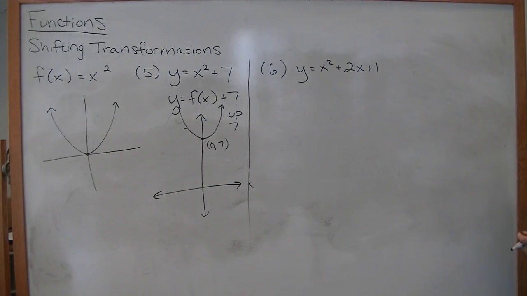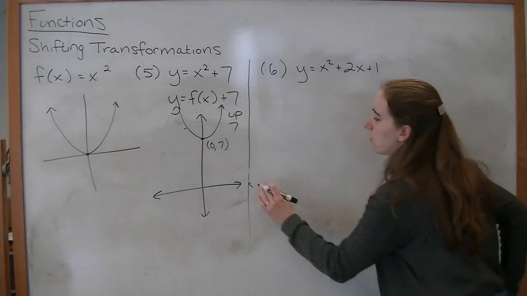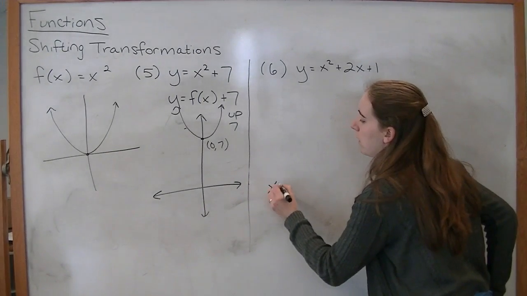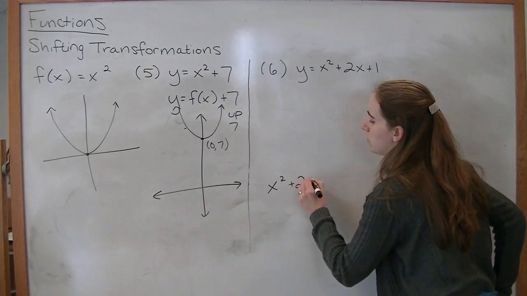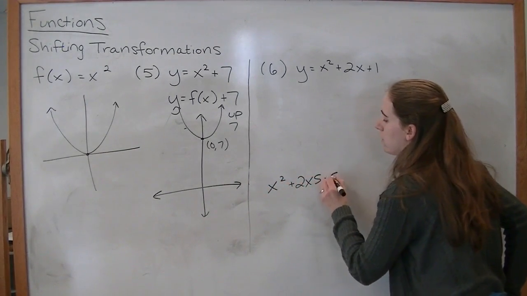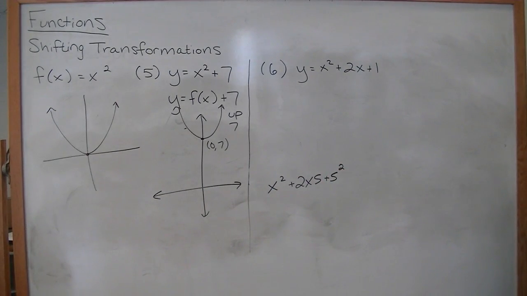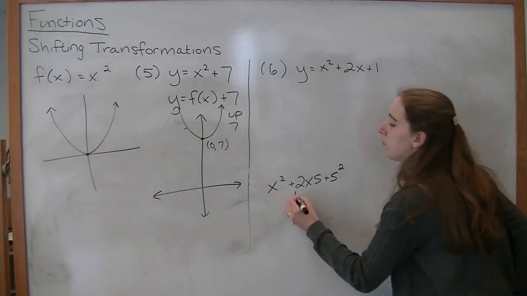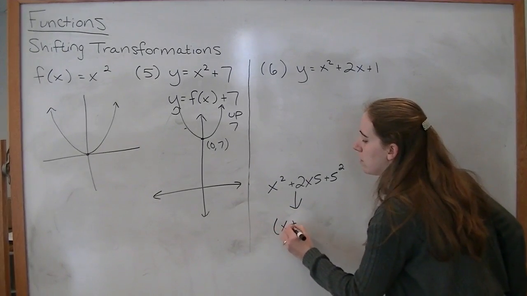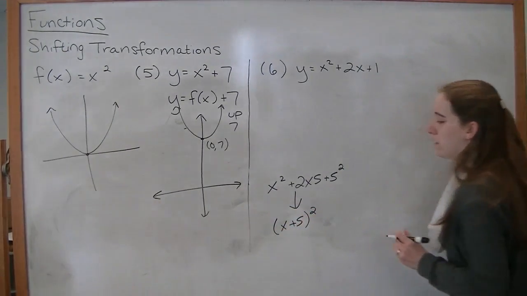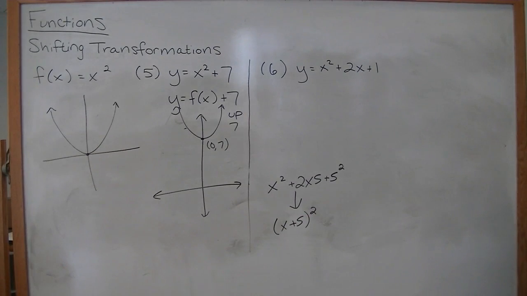Now remember that in this case we're actually looking to get this in the form x squared plus 2xs plus s squared. That's our goal, because we want to be able to factor that to be x plus s all squared. So let's see if we can do that.